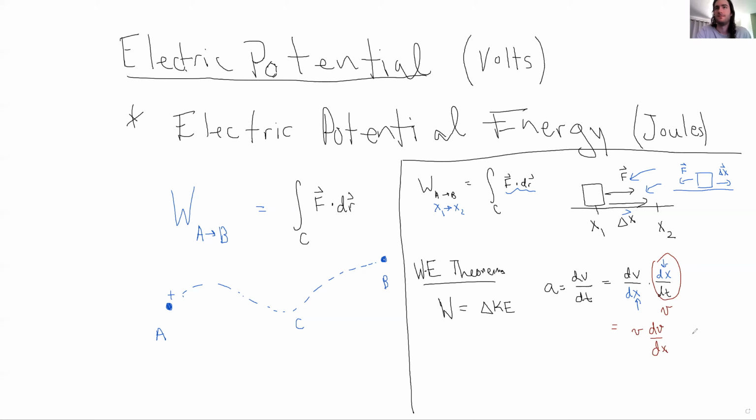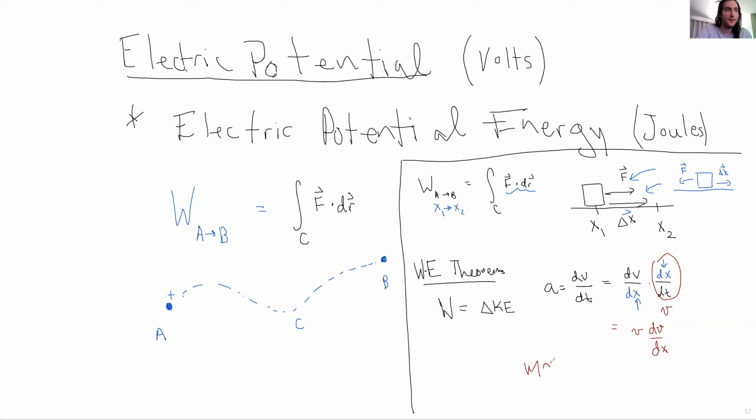And now what you do is you just integrate this thing. So you can multiply both sides by m so that you have a force on the left side, and then multiply by dx so that you have an integral for the work.